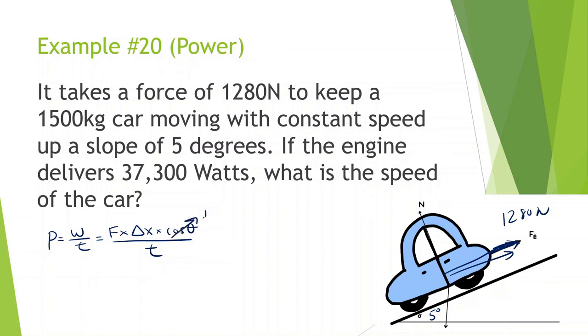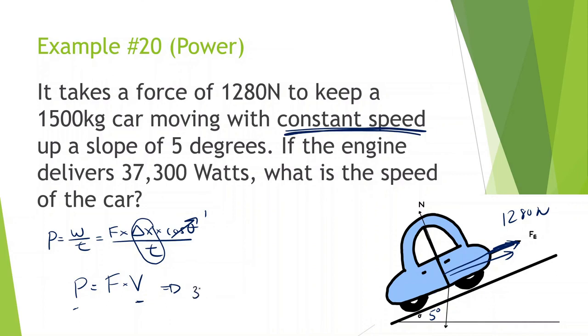We also know that displacement over time is equal to velocity. So we have another formula: power is equal to force times velocity. And we can only do that when we have a constant speed. So when we don't have a change in speed, we can use this formula to figure out, in this case, what the velocity is.